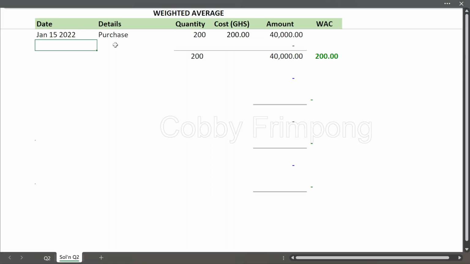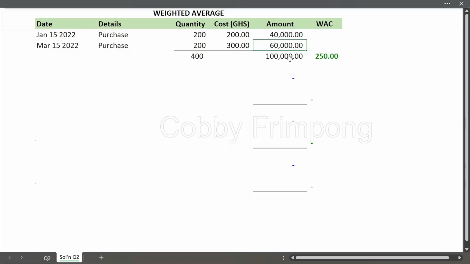And then on March 15th, 2022, another purchase transaction of 200 units at 300 Ghana cedis per unit. So after these purchases, we have 400 units at a value of 100,000.